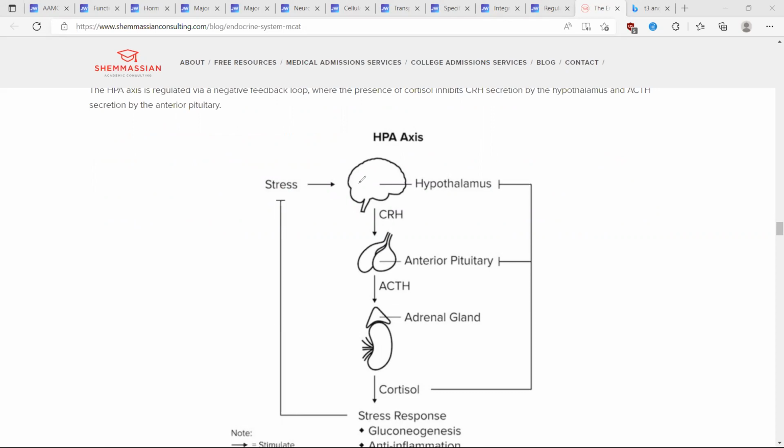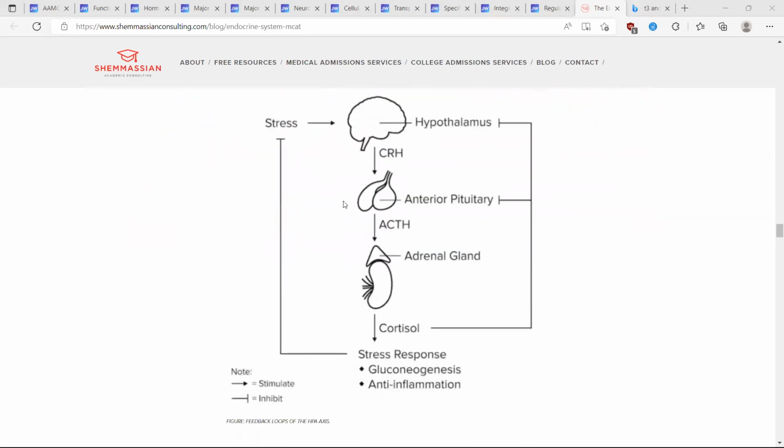Stress is activating this, is activating this, is activating this. However, once we get to cortisol, here's an interesting problem. When do we stop making cortisol? How would the body know, hey, we're done, let's stop making cortisol?